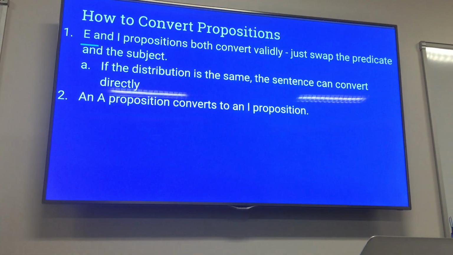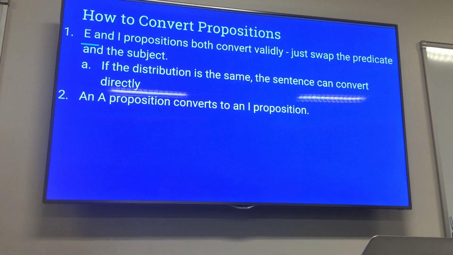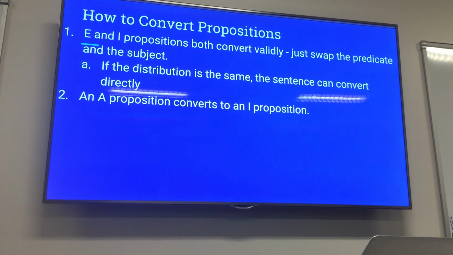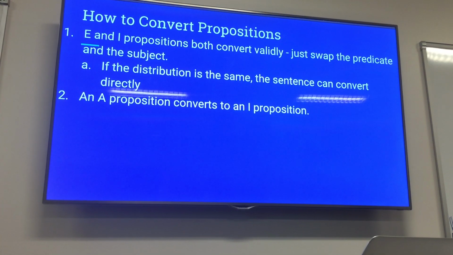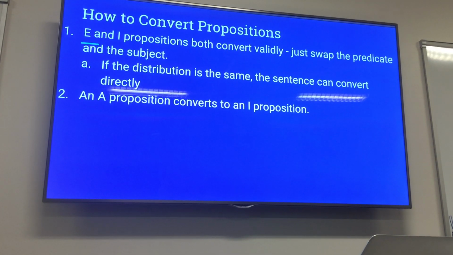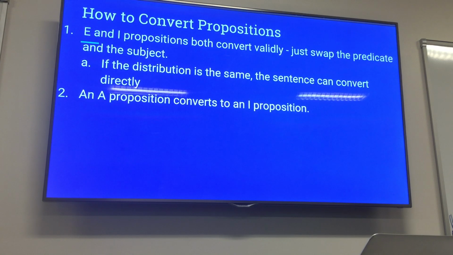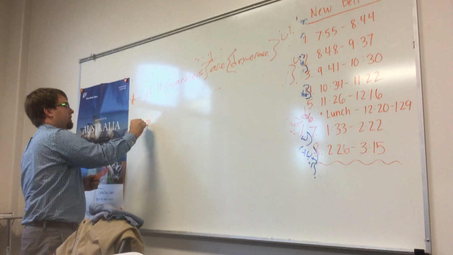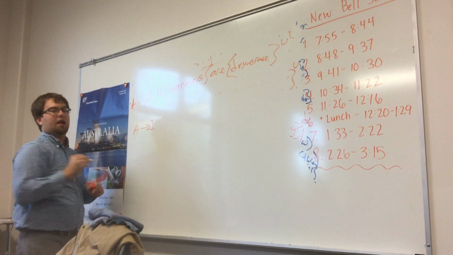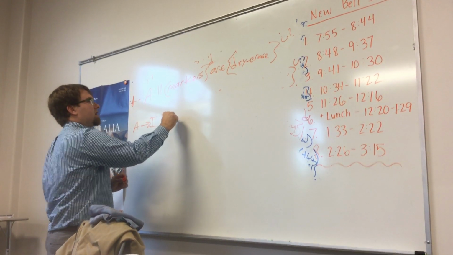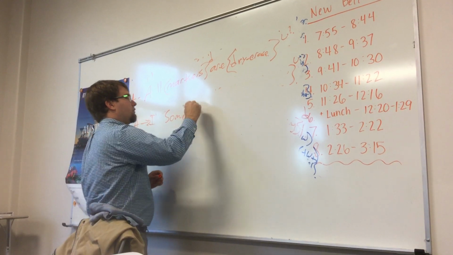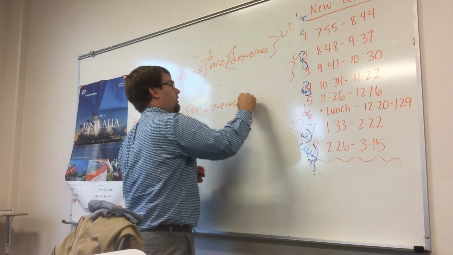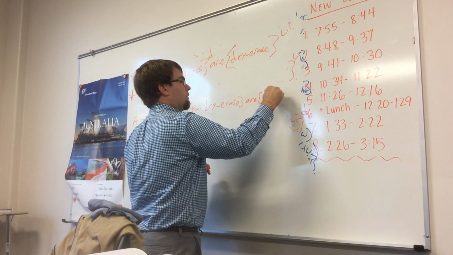So here's the thing. An A proposition changes to an I proposition. I can't do what I currently have on the board, where this A becomes this A. But what I could do correctly, so this is an A, I usually make myself a little note that an A converts to an I. So what I could do is say some of that which is dry erase are markers.